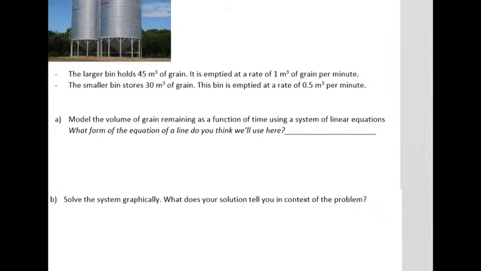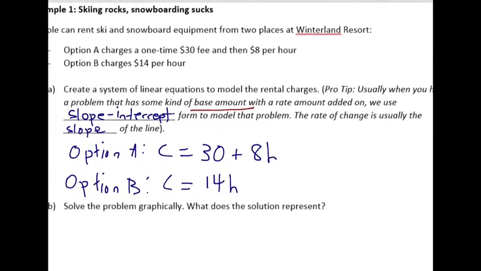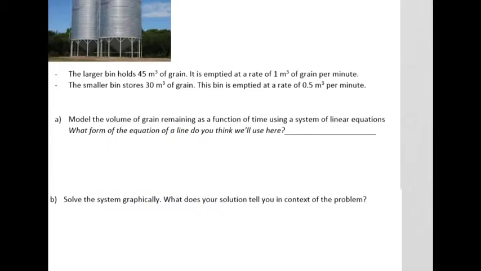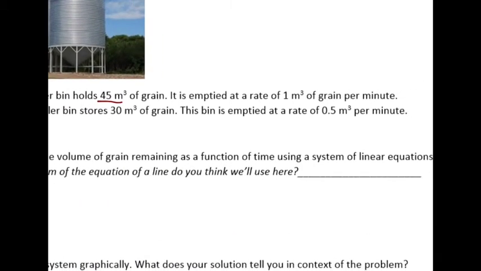What thing do you look for to know that you should use slope-intercept? There's 2 specific things. A base amount, a starting amount, and also a rate. Do we have that? Yes. Yeah, we have an initial volume, a base amount, and a rate. Right? For both. So both of those can be modeled with slope-intercept.